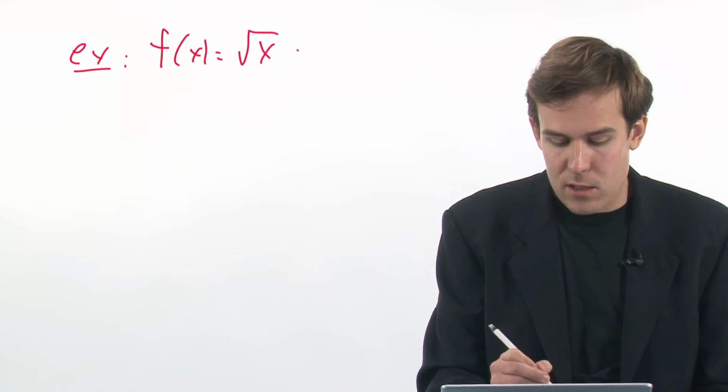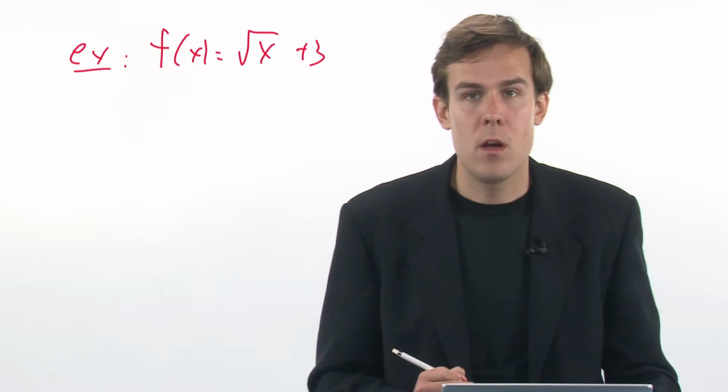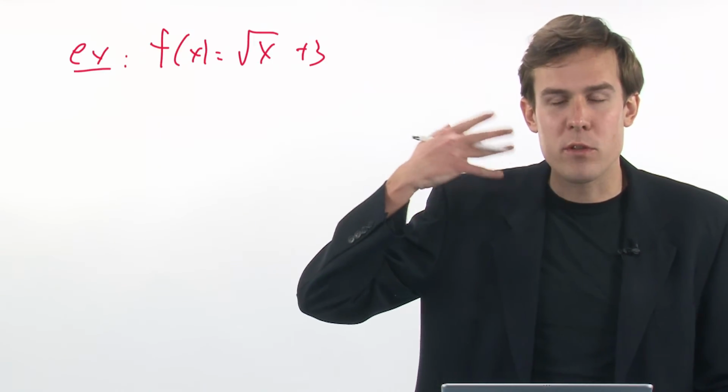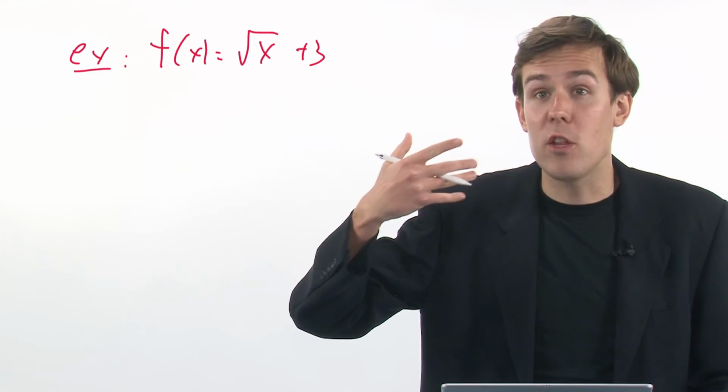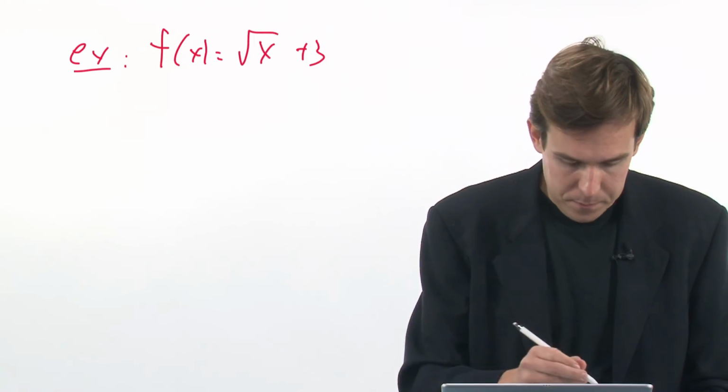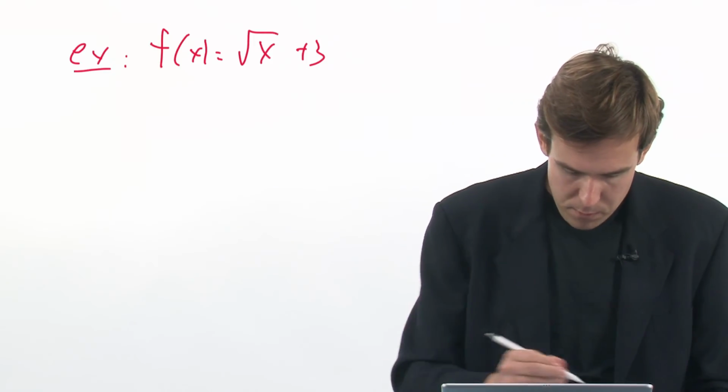So let's look at one more trickier example. Let's take f of x equals square root of x, plus 3. In this case, I think it's helpful to have a picture of what regular old square root of x looks like. So we'll draw this in purple.